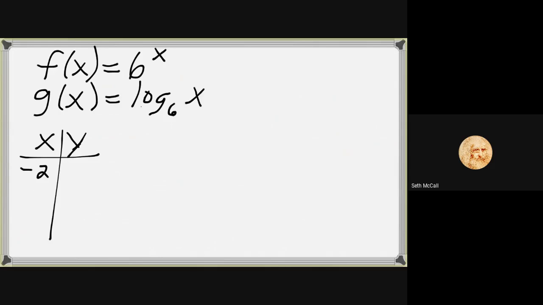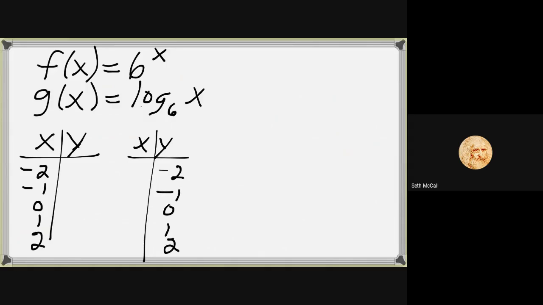Same x's, -2, -1, 0, 1, and 2. And so when you make your xy chart here, that becomes your y's. Color code these. This will be red. This will be purple.